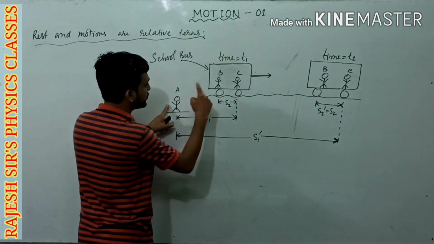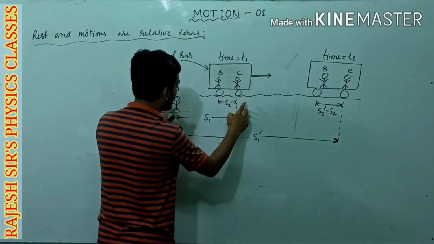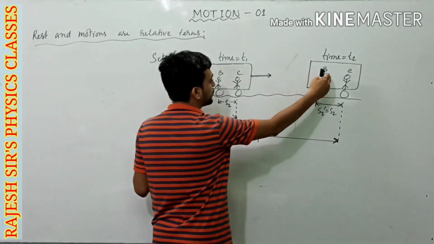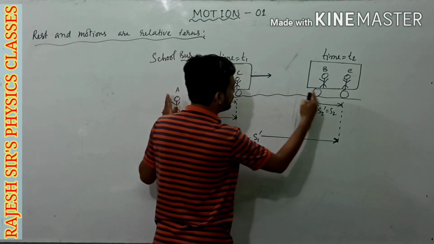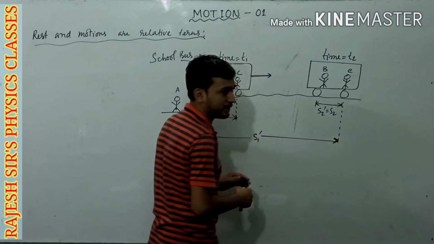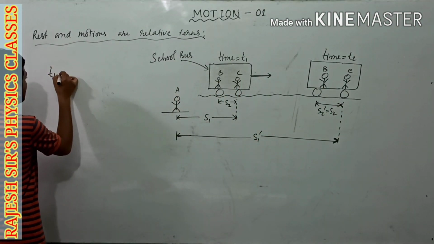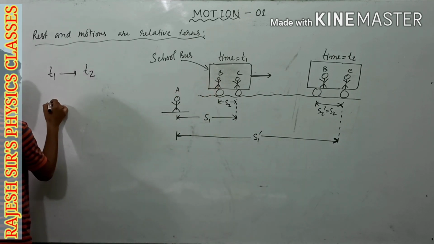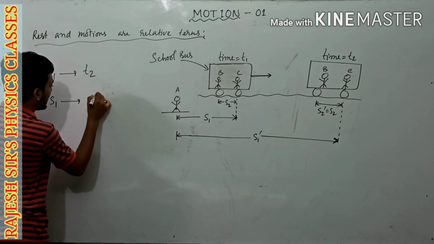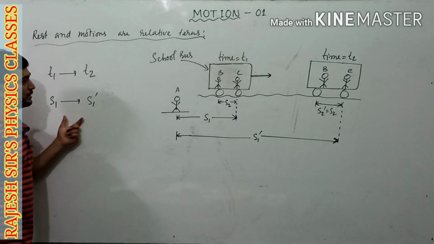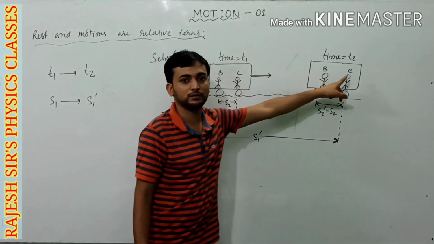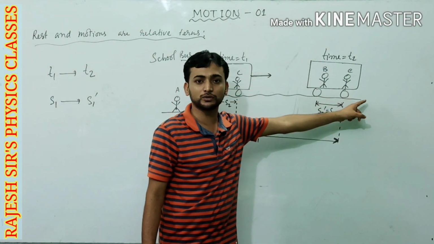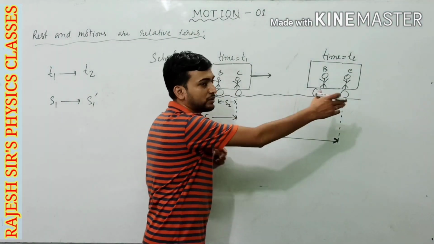When A tries to find the separation of friend C at time t1, what will be the result? S1. After time t2, what will be the separation between the same two friends A and C? It will be S1 dash. So as time increases from t1 to t2, the separation between A and C increases from S1 to S1 dash. That means friend C is in motion with respect to friend A, because friend C is going to change its location with respect to A towards right.